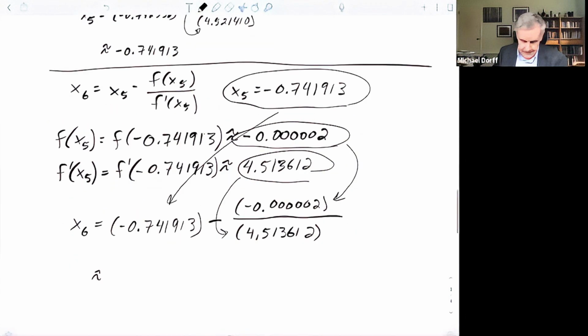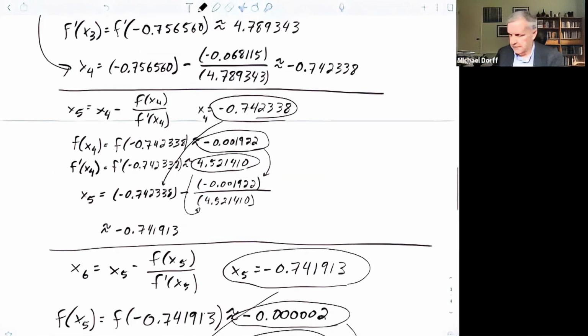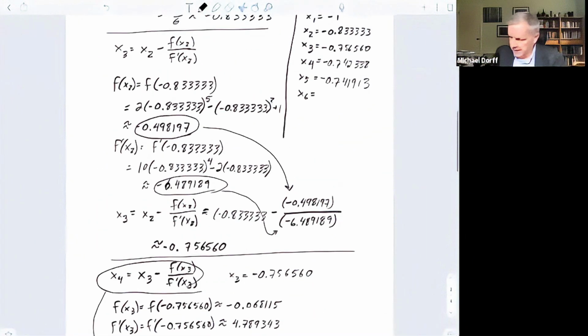And when I plug that into the calculator, I get negative 0.741913. We're rounding it to the right number of places. And that's exactly what I had for x sub 5.